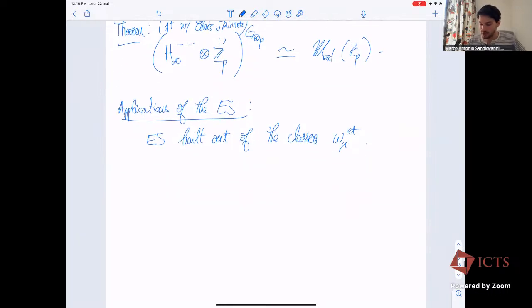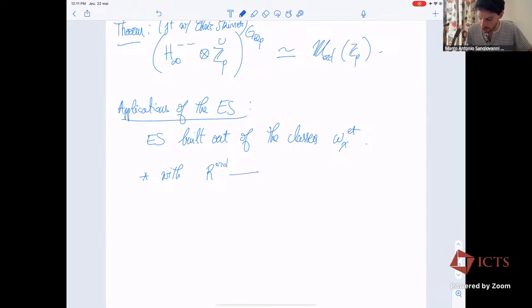And so one that I particularly like is that you can prove the surjection R^ord to T^ord.